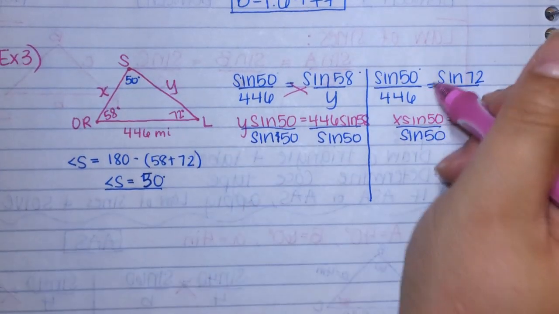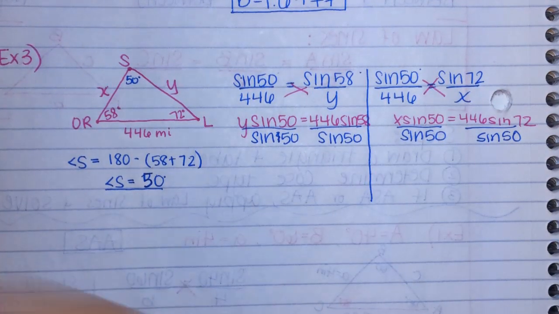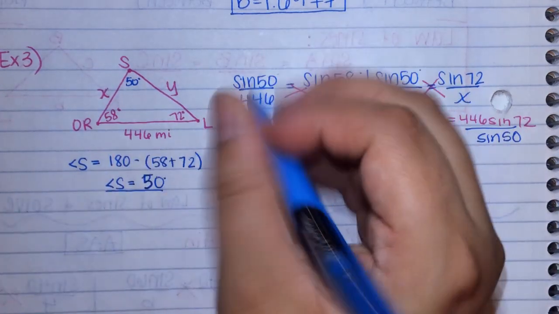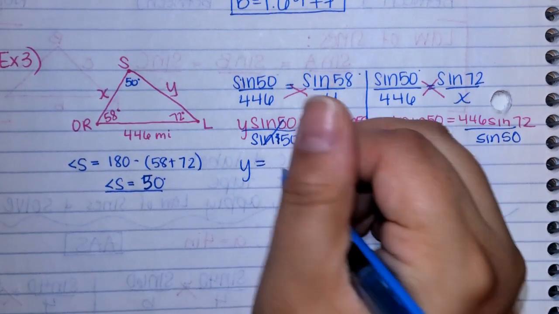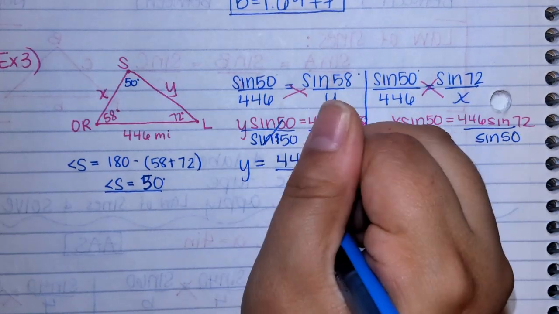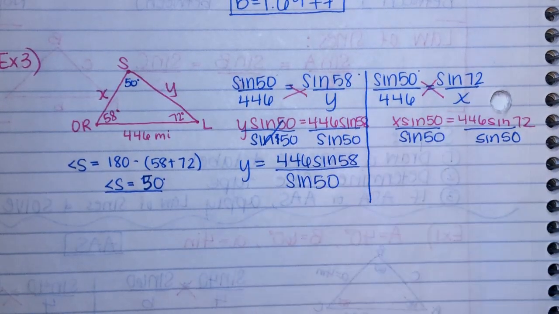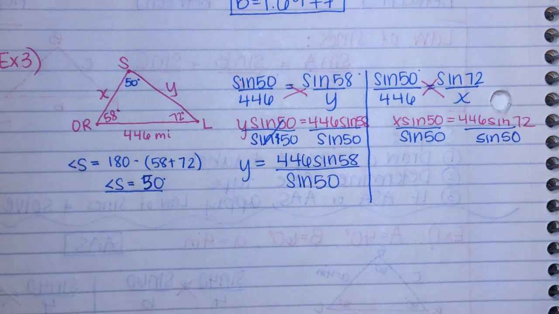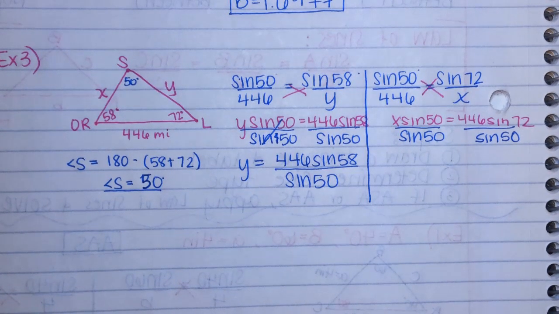Cross multiply, and then divide, and you get y equals... when you put that in the calculator, what did y'all get? Y is equal to 493.74 miles.